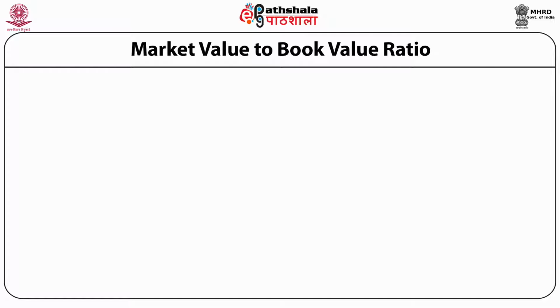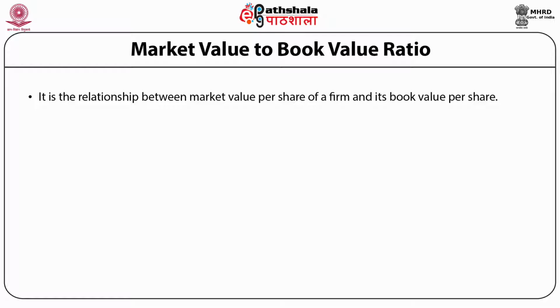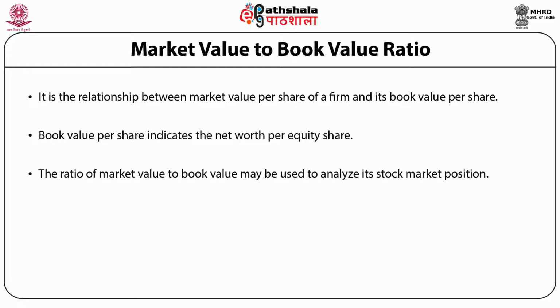Market value to book value ratio. This is your next ratio. It is the relationship between market value per share of a firm and its book value per share. Book value per share indicates the net worth per equity share. The ratio of market value to book value may be used to analyze its stock market position.